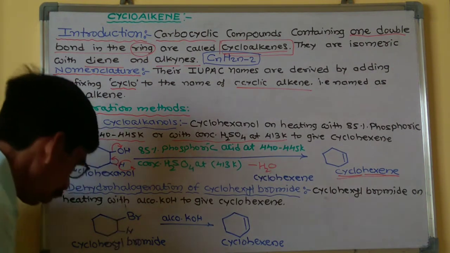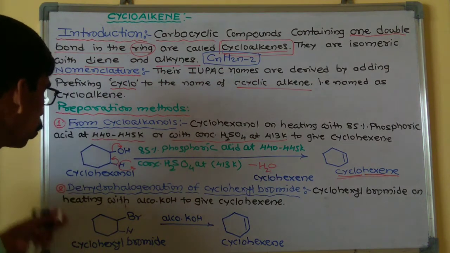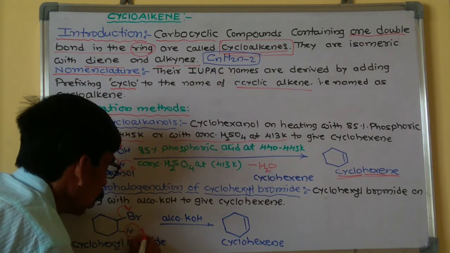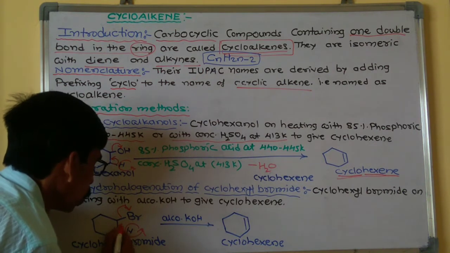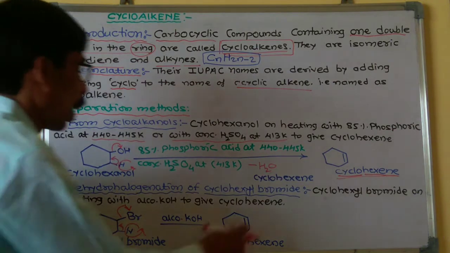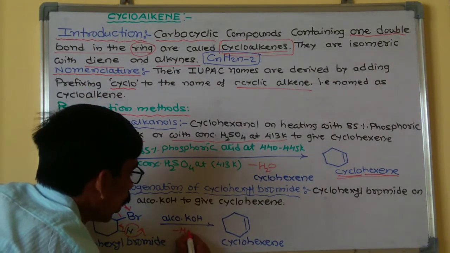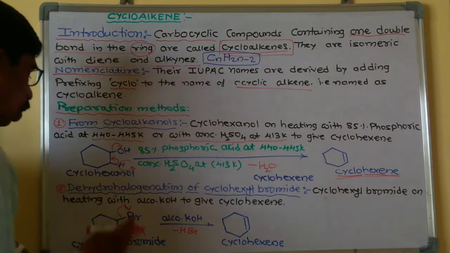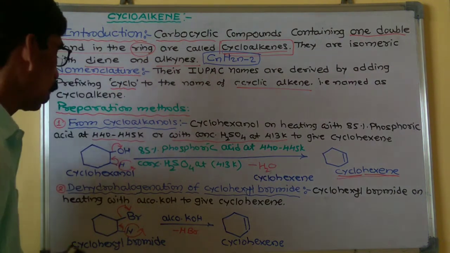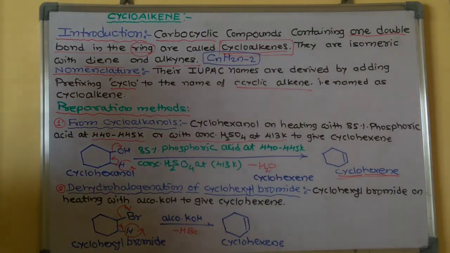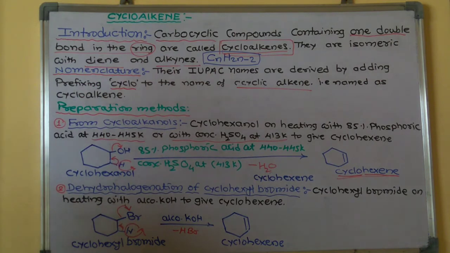This is Br minus and this is H plus. The bond is formed between these two carbons and a carbon-carbon double bond is formed, minus HBr. So we get cyclohexene. This is the second method for the preparation of cycloalkenes, the dehydrohalogenation of cyclohexyl bromide.